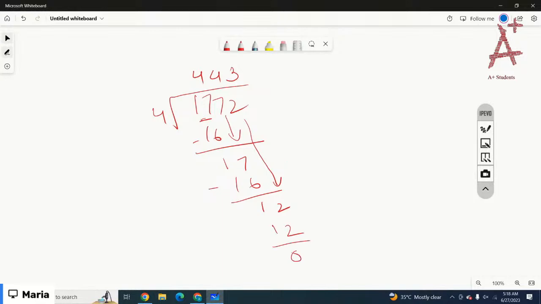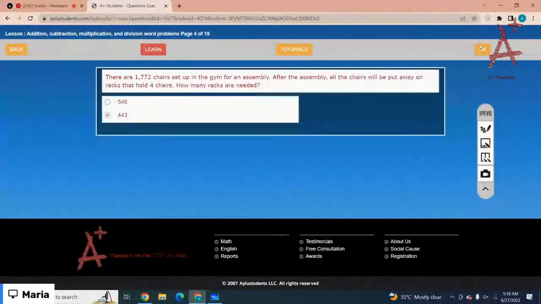So that means to hold 1772 chairs, they need 443 racks. Got it? So the correct option is 443.